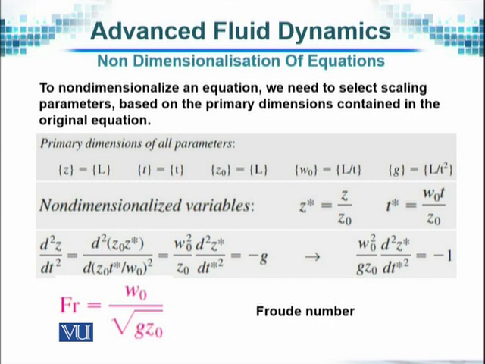So anyway, we will discuss when we need to do that, but at the moment the important thing is that the scaling parameters that we use to non-dimensionalize an equation cannot be arbitrary. They have to have relevance with the primary dimensions that are contained in the original equation. Very important.